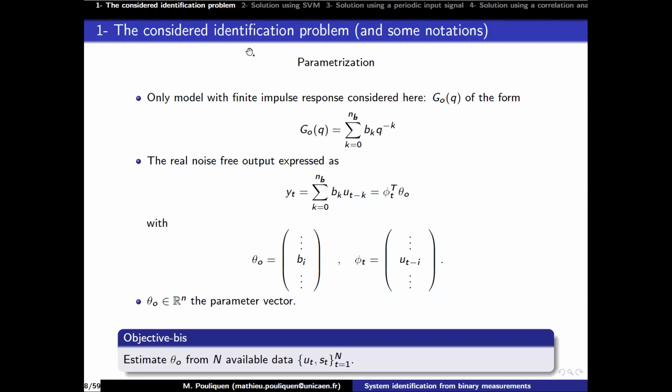Well, and the objective is to estimate the parameter vector. Just a point, I have made some mistakes in the presentation on the index n. On some pages, there will be a small difference, n plus 1, n minus 1. It's just a presentation error.